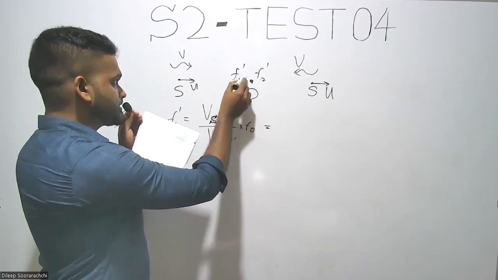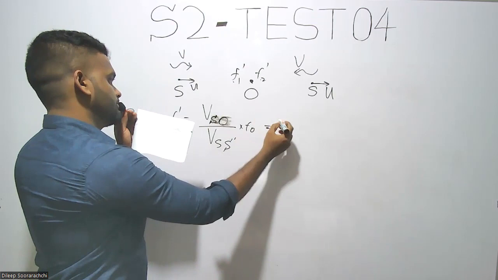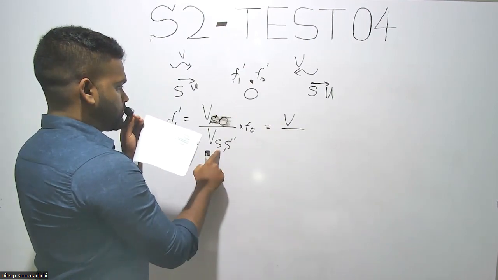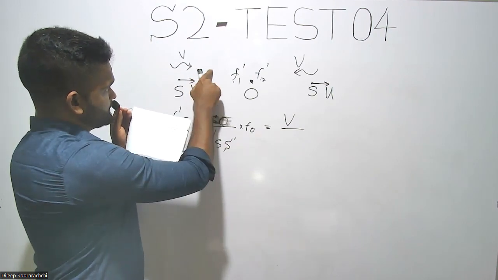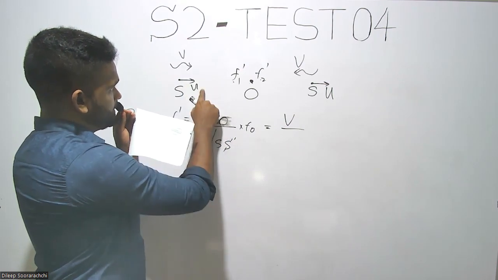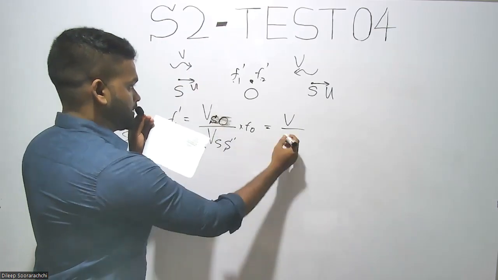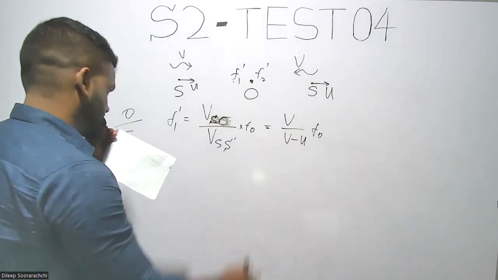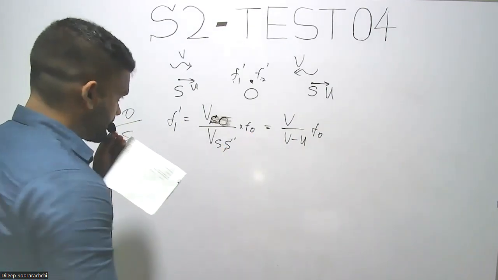The observer is at rest, so it is just going to be v. Sound velocity relative to source: this is the source, this is the sound velocity. Both are moving in the same direction, meaning you have to take the difference to find the relative velocity between these two. So it should be v minus u, times f naught, that is the true frequency, the actual frequency.